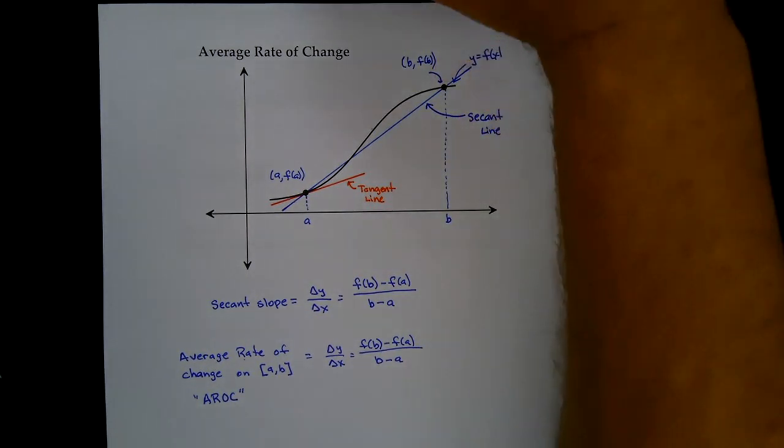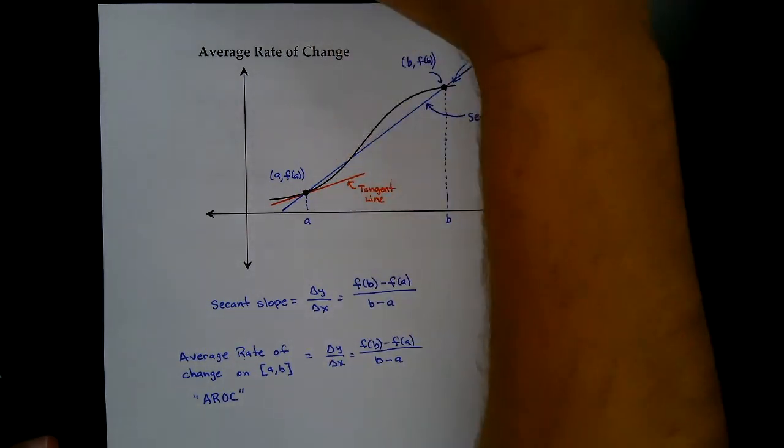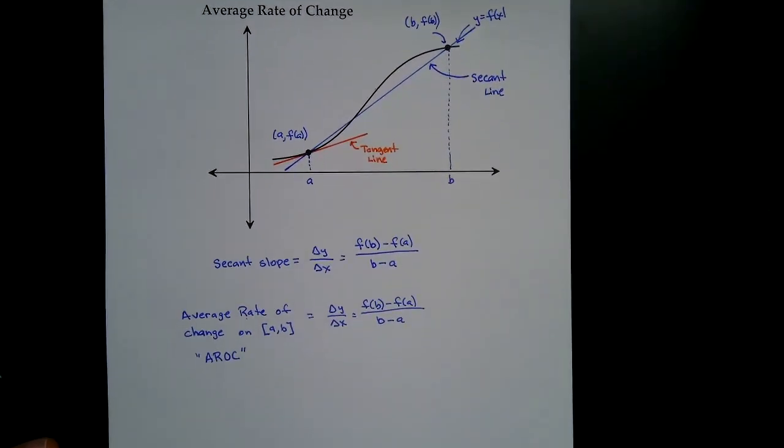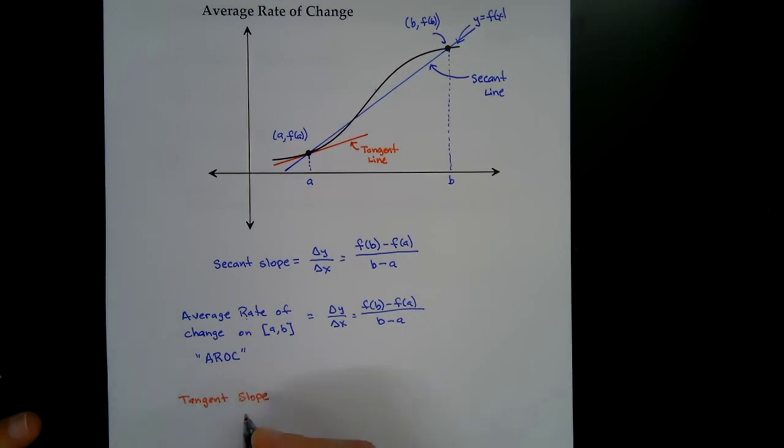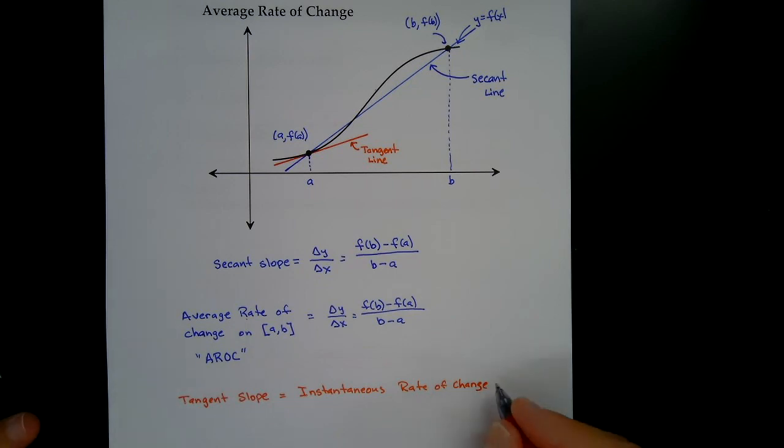So I'm going to zoom out one more time, and slide this up a little bit. What the tangent slope is called is the instantaneous rate of change, and sometimes people call this IROC.